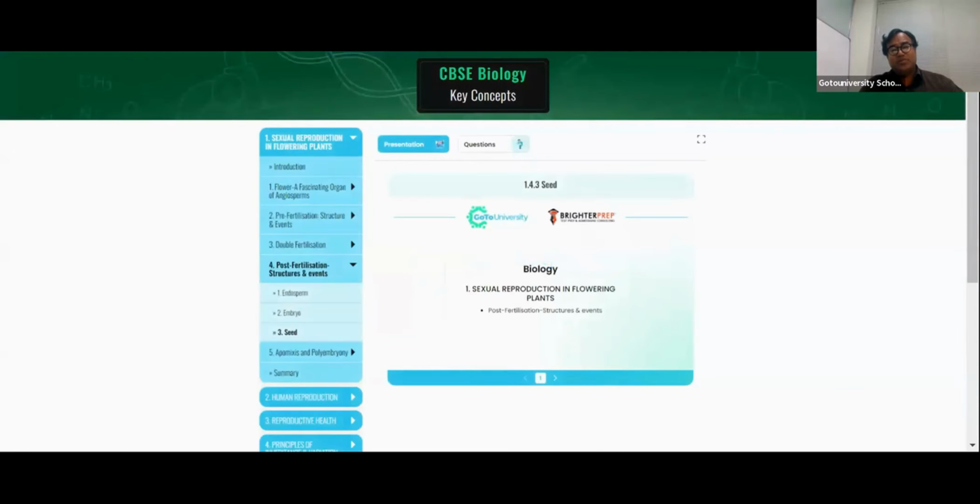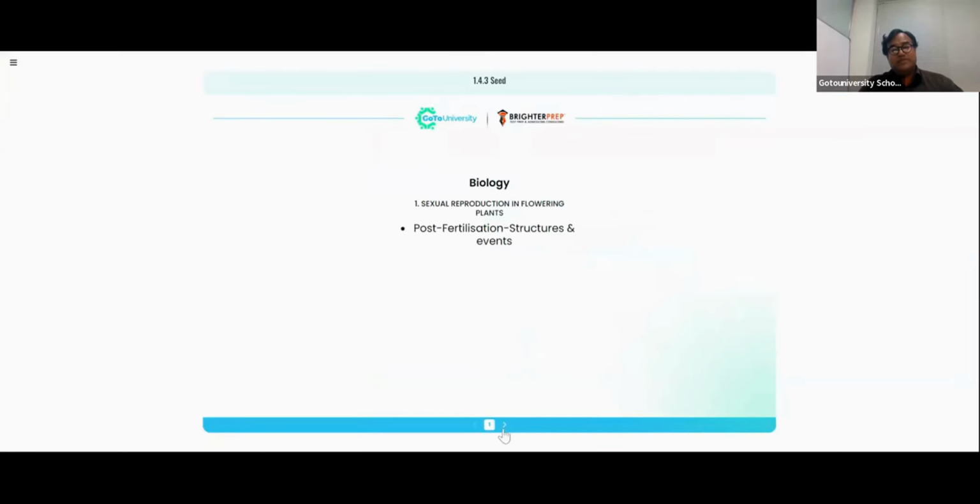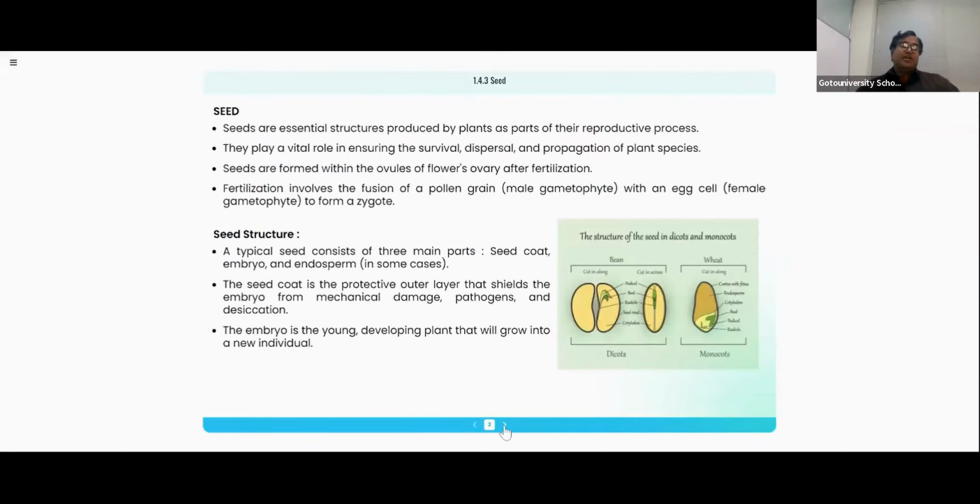So now we are entering into the next important concept, which is the seed coat. We already told you the seed coat is very, very important for making the plant develop. Why are we saying the seed coat specifically? Why not other parts?